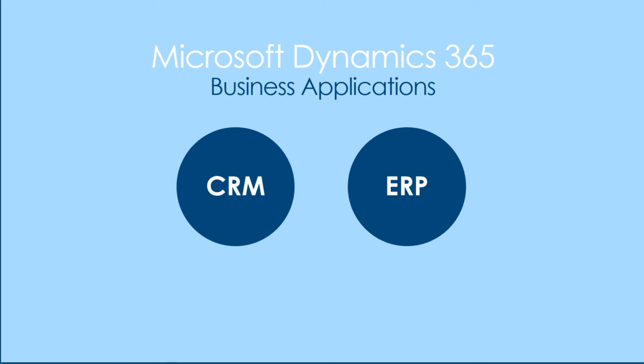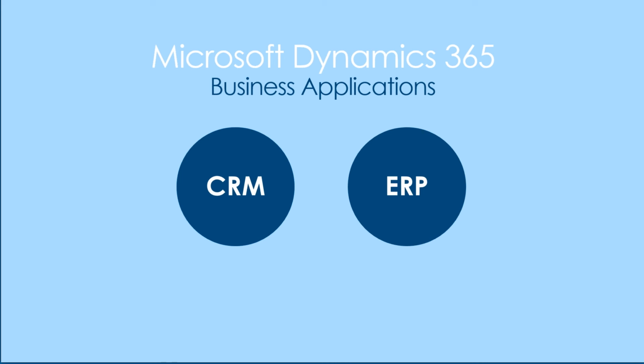So as we talk about the big difference between CRM Online and Dynamics 365, really the big difference here is Microsoft is unifying all its business applications and breaking down the silos between ERP and CRM. And what that does is deliver a new business process as a service.